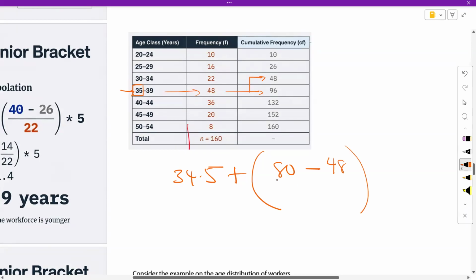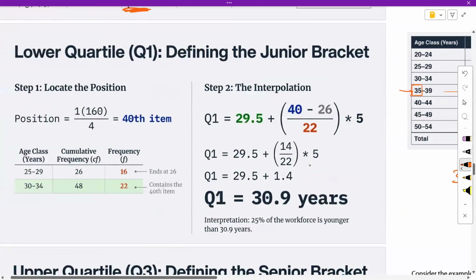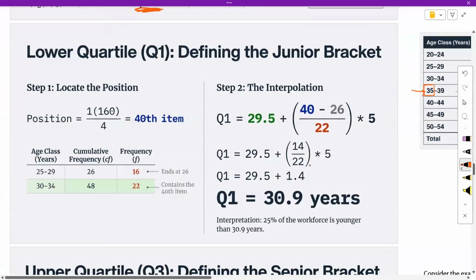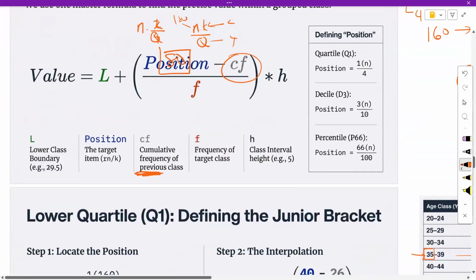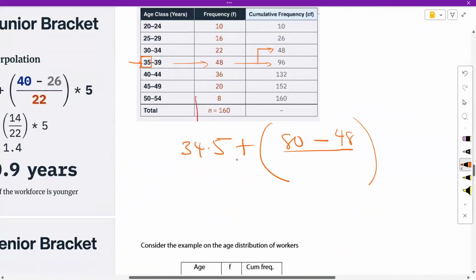And divided by the frequency of that class. F means frequency of the median class. What is the frequency of the median class? 96. And multiply by C, the class width.